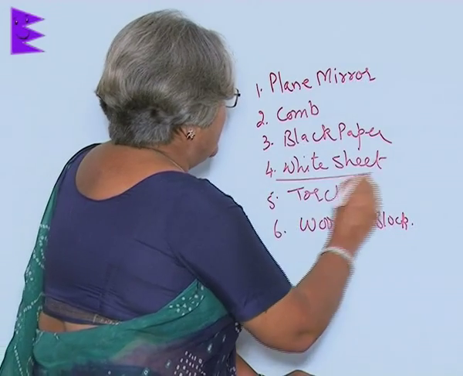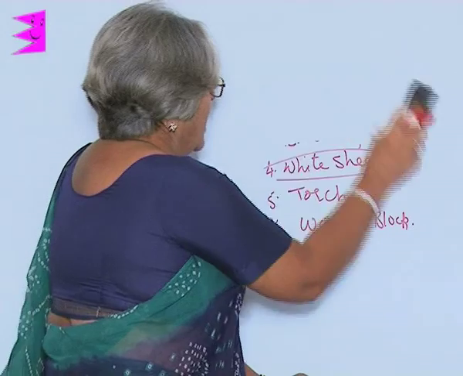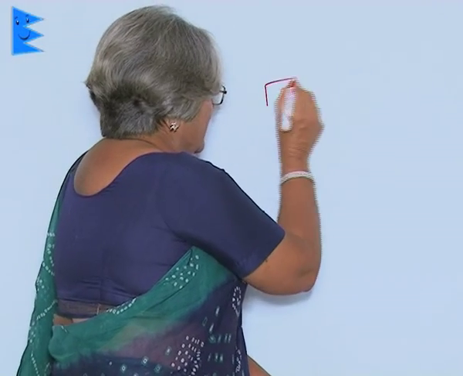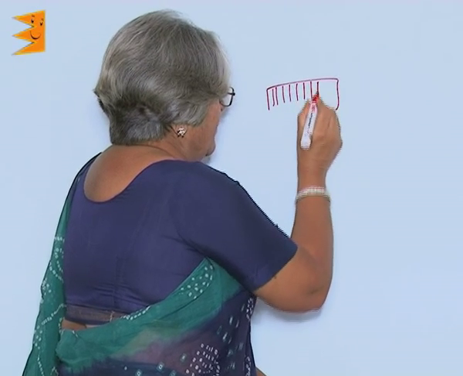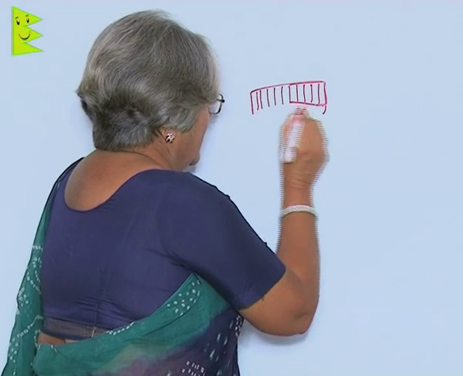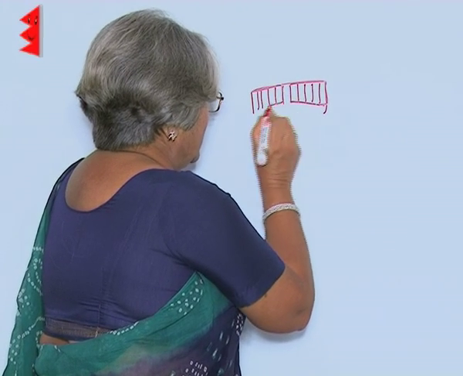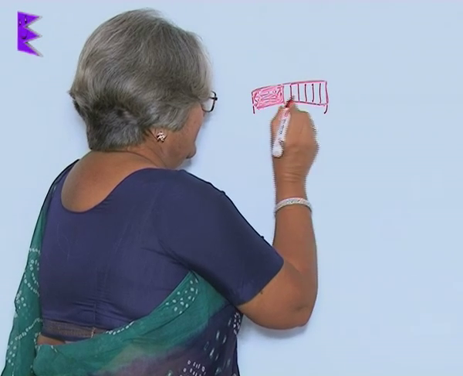You take this white sheet and spread it on the tabletop. After you have done that, take the comb. Normally comb is like this. There are teeth in the comb. You cover all the gaps on both sides and just leave one central gap.